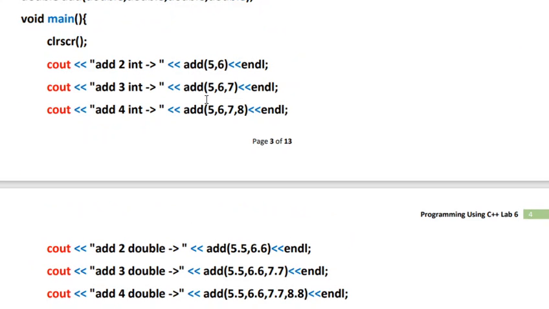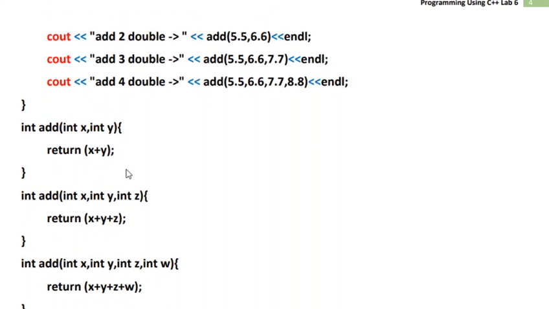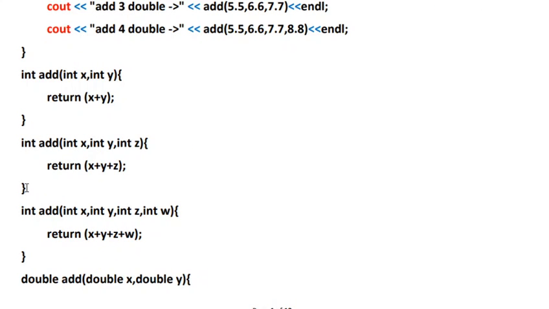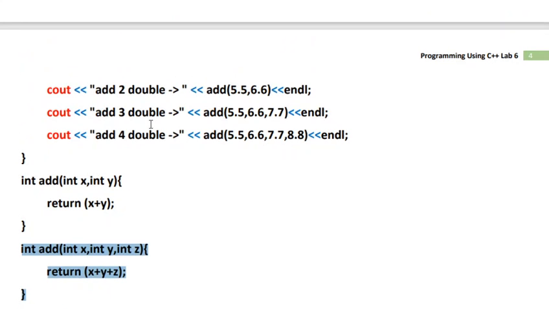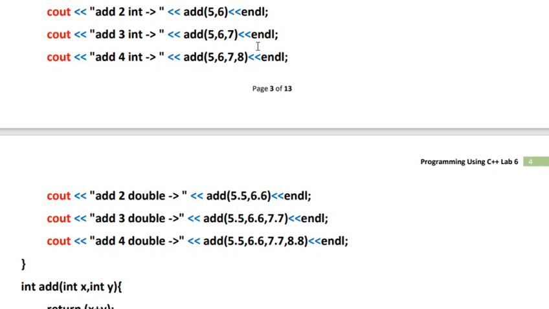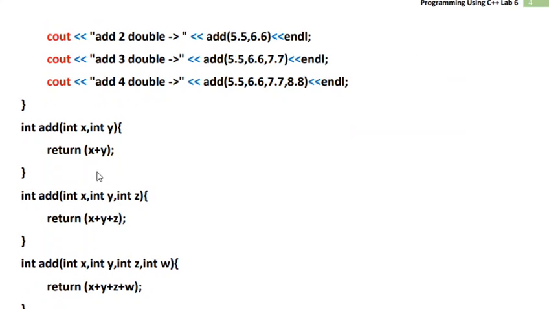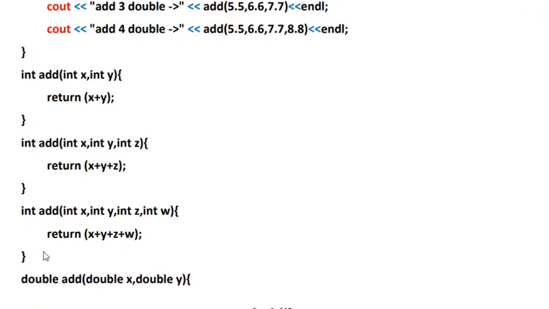Whenever I call add by passing 5, 6 and 7, it will call the instance of add that adds three integer values and returns the sum of three numbers. When I pass four integer values, it will call the function that adds four integer values and returns an integer.